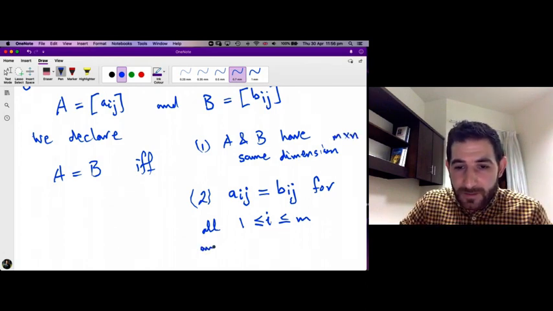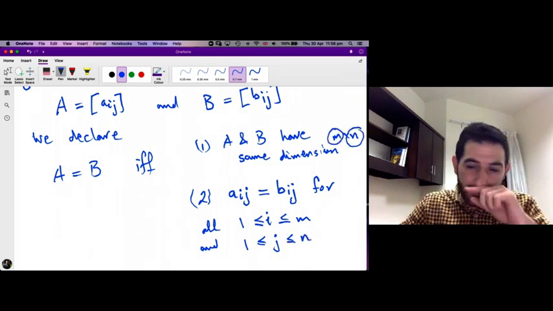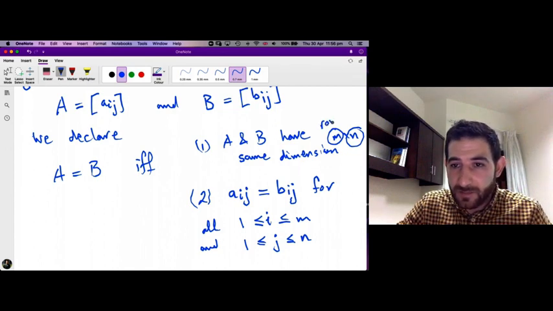And j represents the column number, so it ranges from 1 up to n. Again, the first number is for rows, the second number for columns.